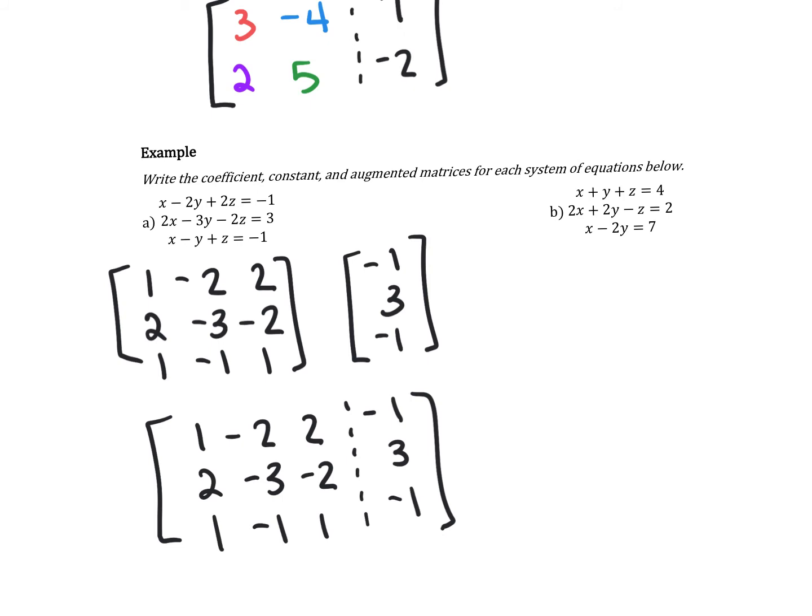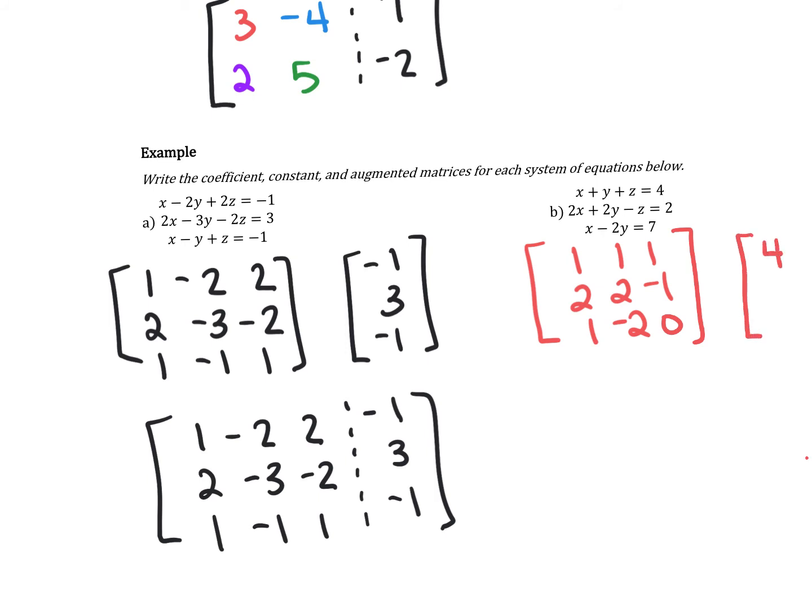The next one, first row, I have 1, 1, 1. Second row, 2, 2, -1. Third row, I have 1, -2. And notice that I don't have a z variable down here. So we don't have a z variable. That means we have a 0. So here is your coefficient matrix, and the constant matrix is 4, 2, 7.